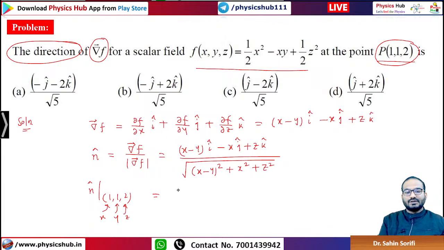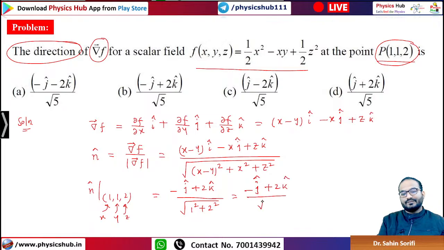This is 0, so this is minus j cap plus 2k cap divided by root over x square plus z square. So 1 square plus 2 square, and this is 0. So minus j plus 2k cap divided by root 5. So option B is matching.